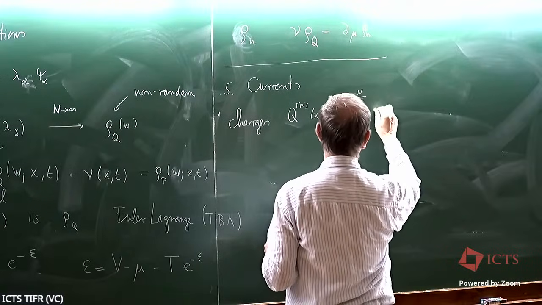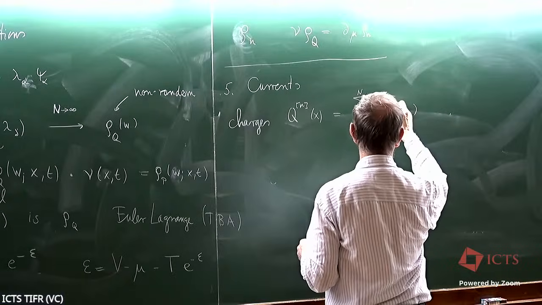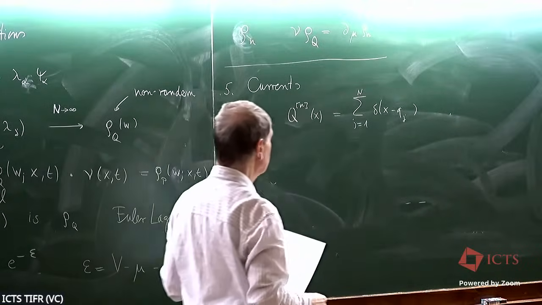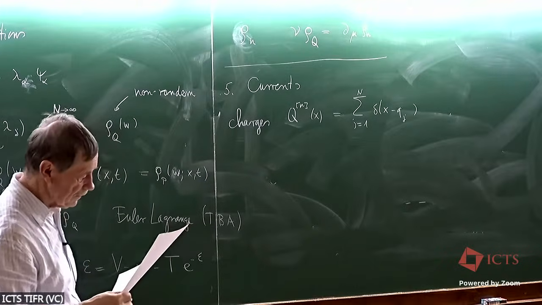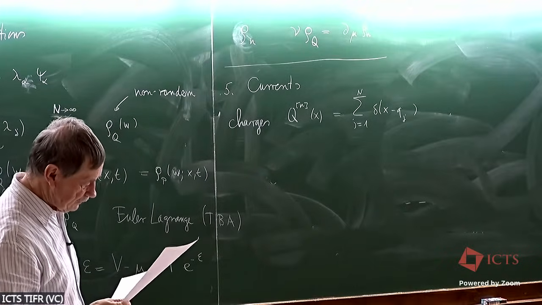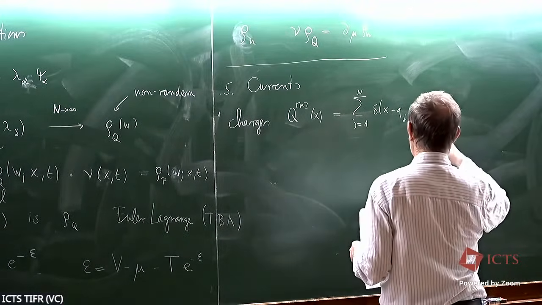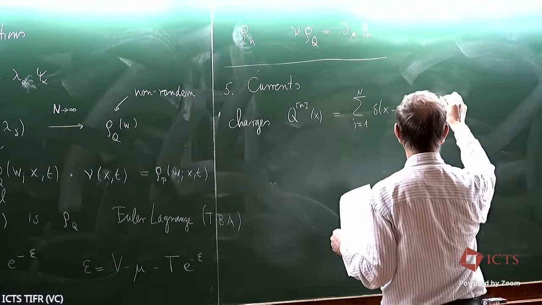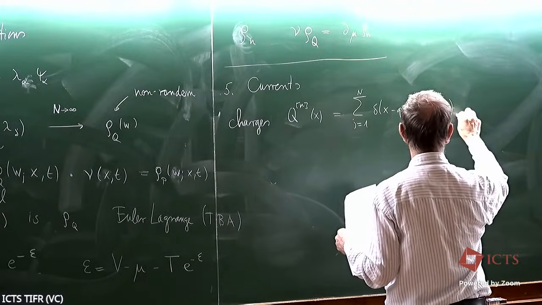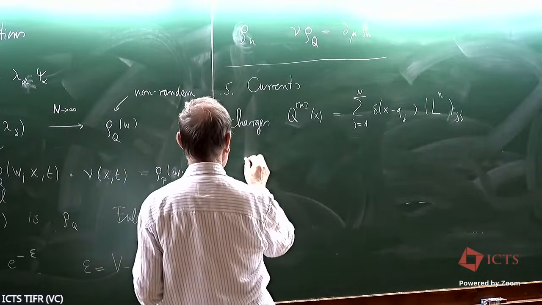Let's say I put the delta of x minus qj. So qj are the underlying q's, which we have forgotten a little bit, but of course they are still there. In the evolution equation, of course, I have to know what the initial q's are. And then you just multiply this with the density of your charge. So this is L to the n, and here I take the jj's. And then you look at the time derivative of this quantity.